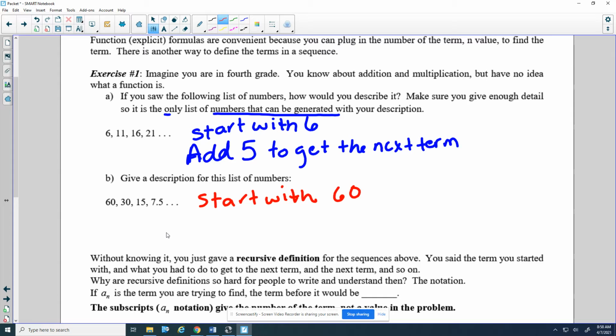This actually has a dividing pattern, which we want to express as a multiplying pattern to go with that geometric series. So we could say divide by 2, but I'm going to write multiply by 1/2 to get the next.